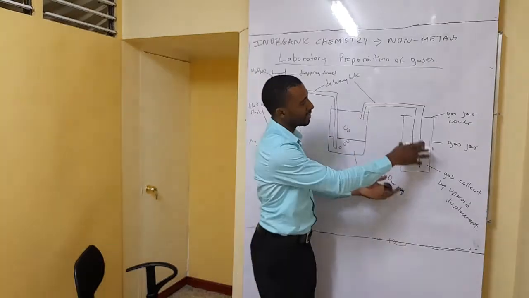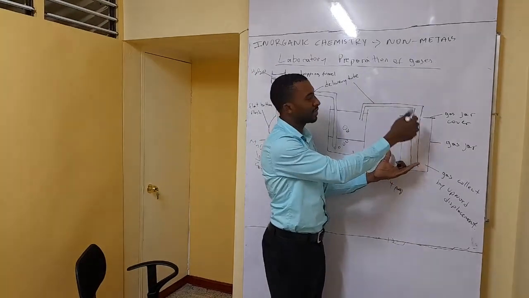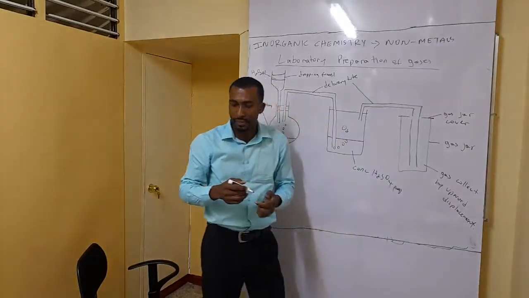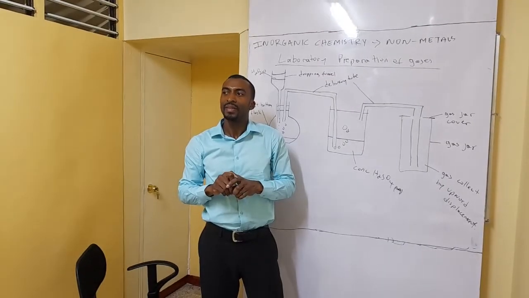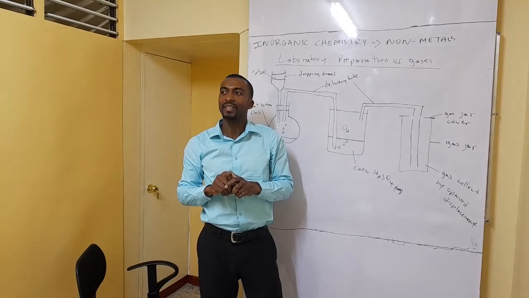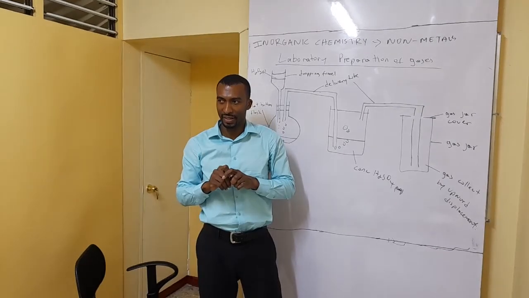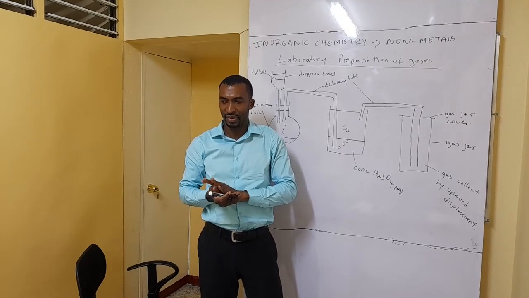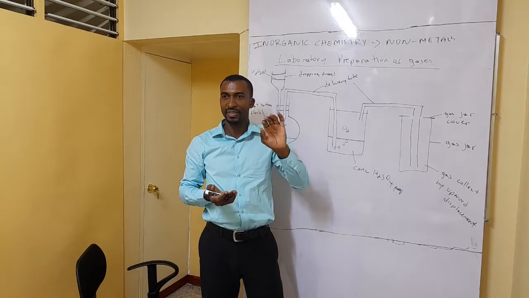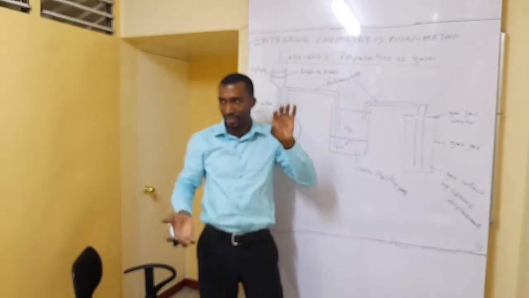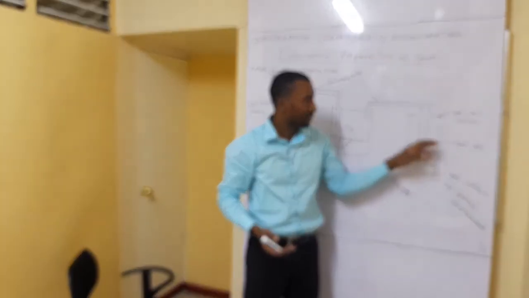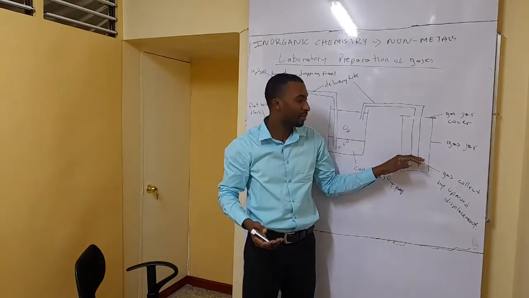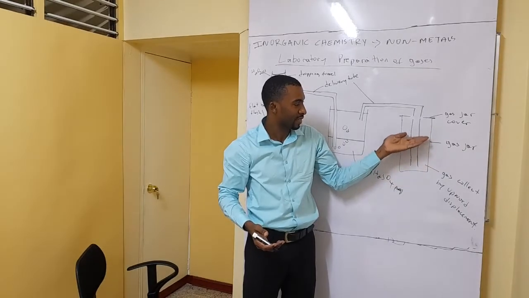So as you can see, this gas jar, we turn it upside down. The gas is collected this way because carbon dioxide is denser than air. It's heavier than air, because remember that air is mainly nitrogen and oxygen, and carbon dioxide is way heavier. So if you supply this gas jar with lots of carbon dioxide, it will displace the air out.